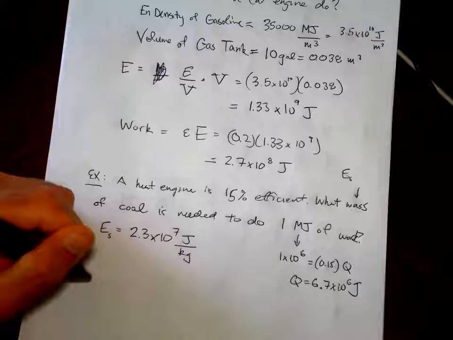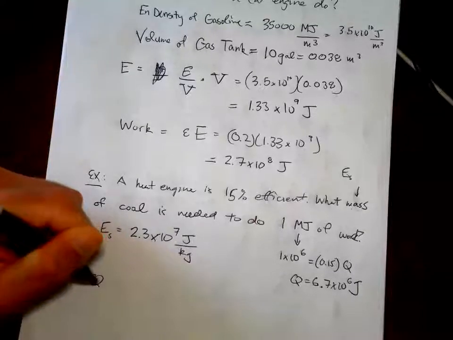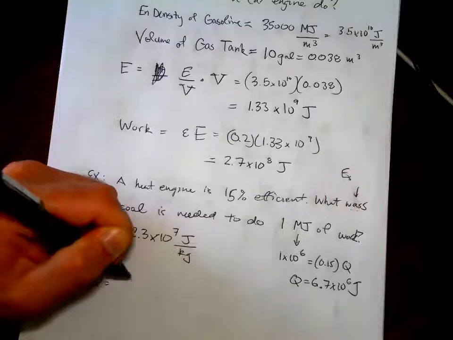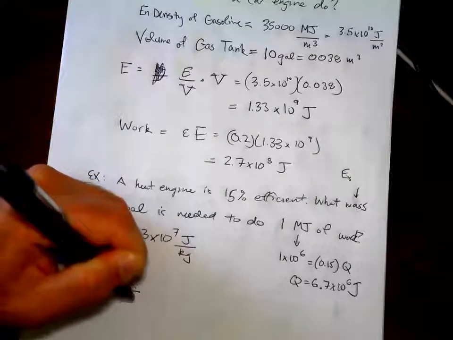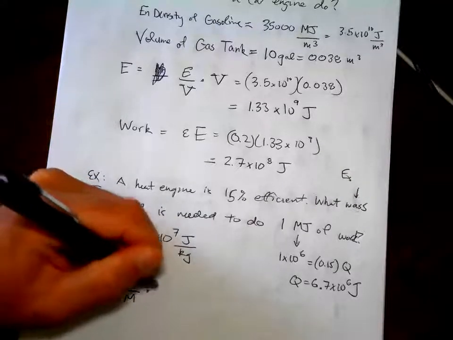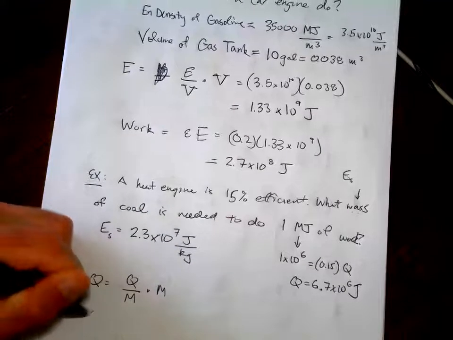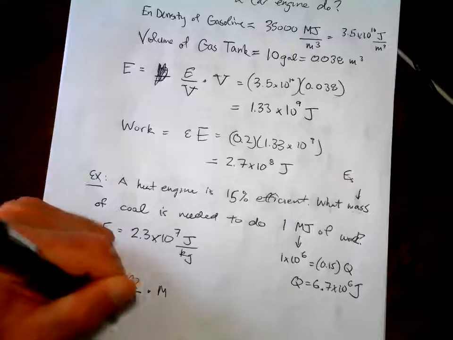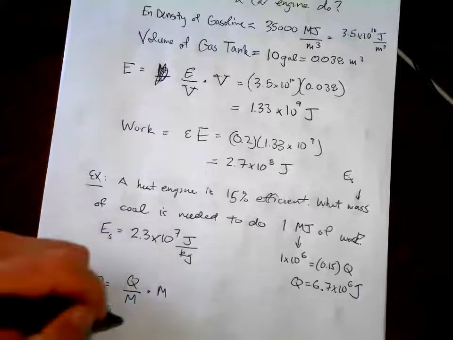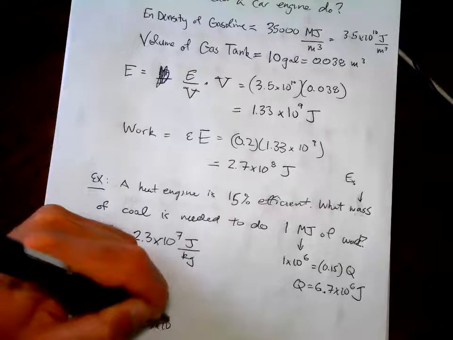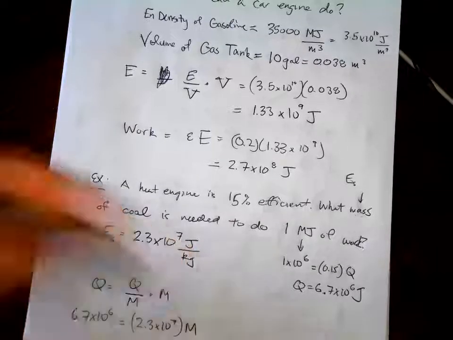So that's the heat that needs to be released. The heat that needs to be released is equal to the heat per mass times the mass. So 6.7 times 10 to the 6th equals the heat per mass, that's the specific energy, 2.3 times 10 to the 7th, times the mass.